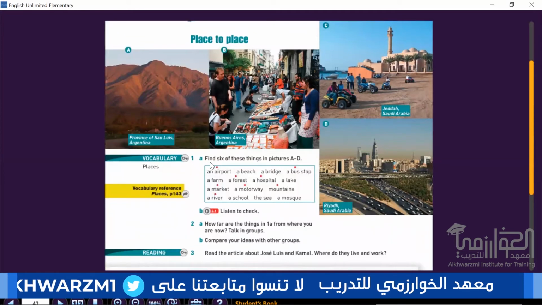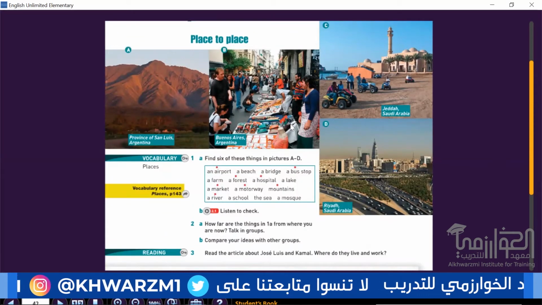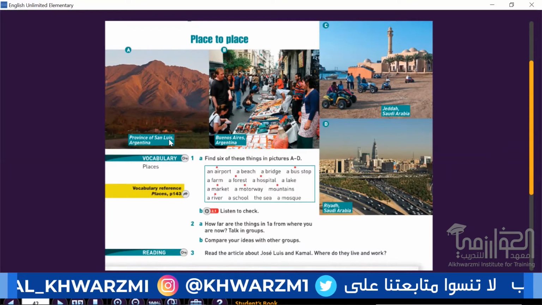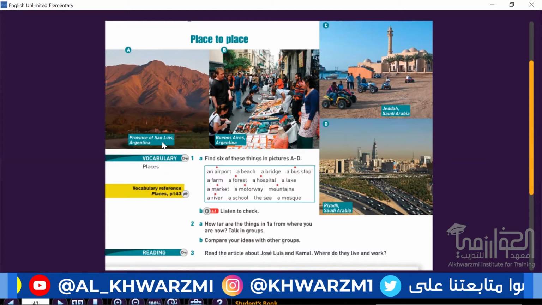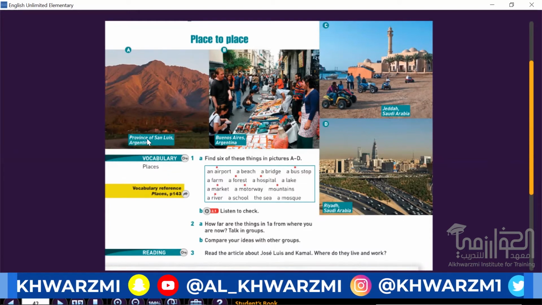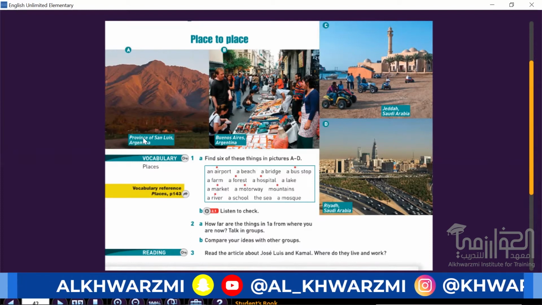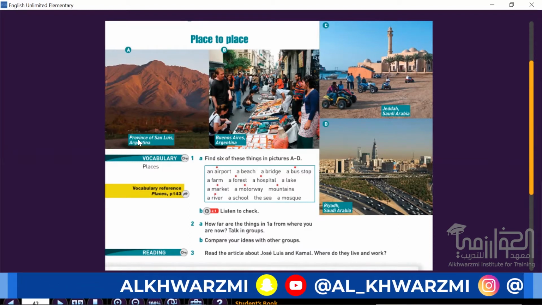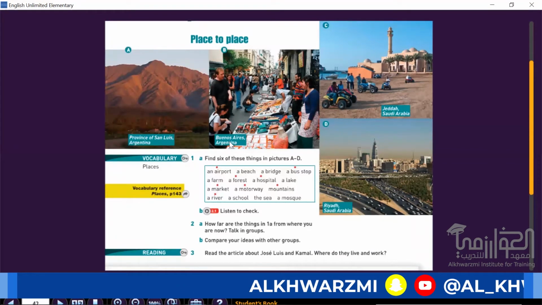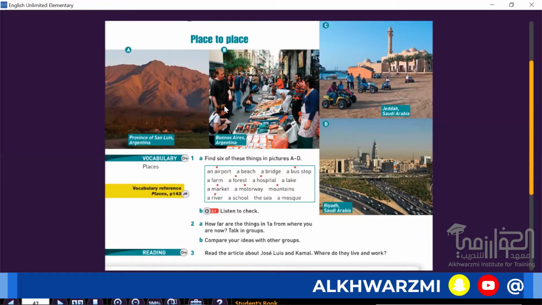Now, I want you to look at these photos here. You can see a photo of the province of San Luis in Argentina. The province is like a district, a metropolitan area. We also have in photo B, Buenos Aires in Argentina, the capital of Argentina.